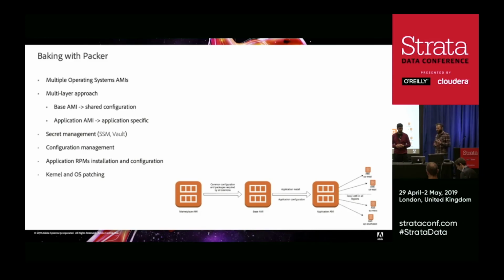And we also perform kernel and OS patching. This is especially important when you consider the fact that sometimes you need to patch your servers for known vulnerabilities, and you have to do them fast. So we usually patch the AMIs, and then on the next deployment window, we just deploy all the fixes. And then once we have the application AMI, this is copied across all of our AWS regions and used to deploy.